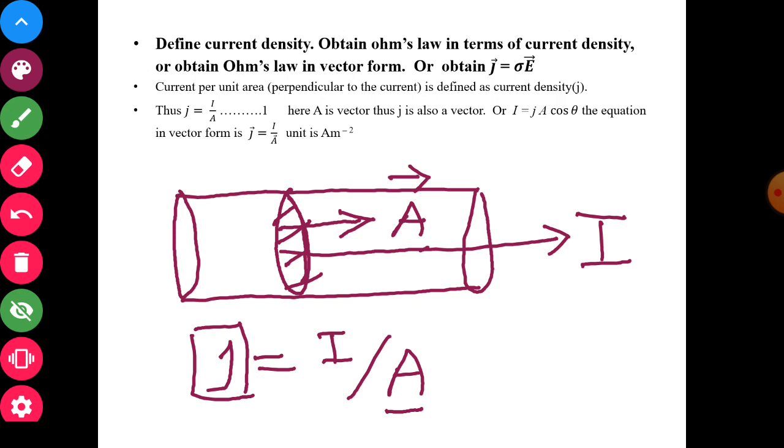Now if you write it in this way, I is equal to J, that is current density, multiplied by area.